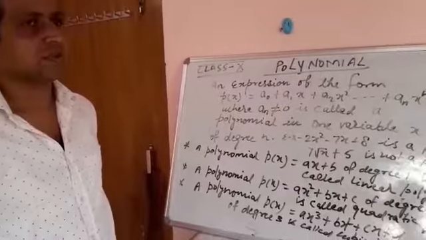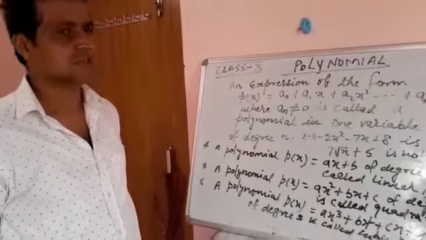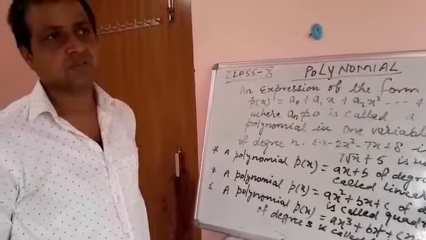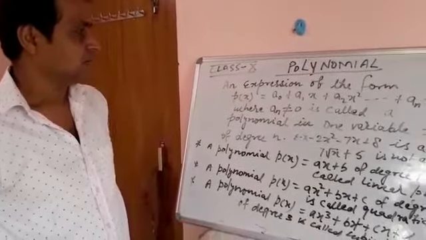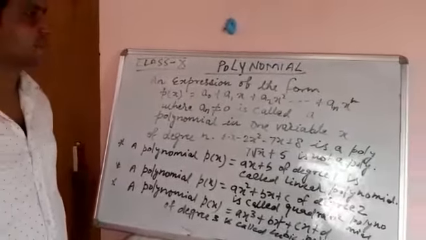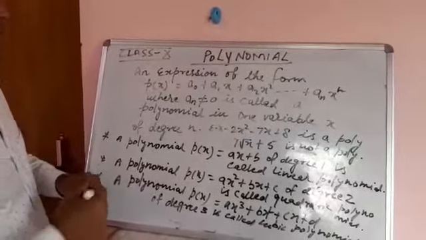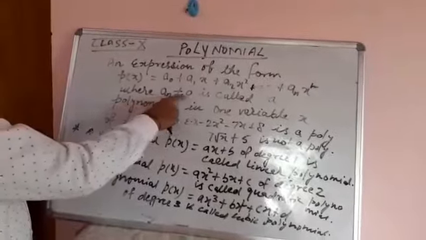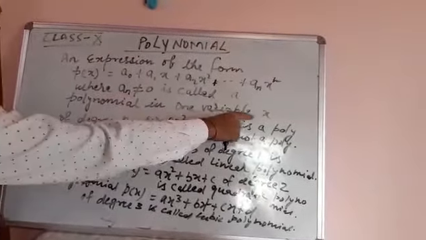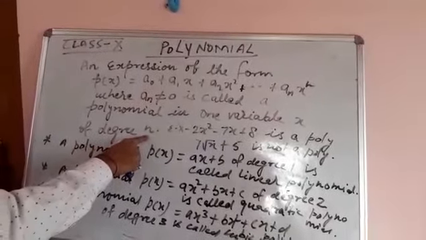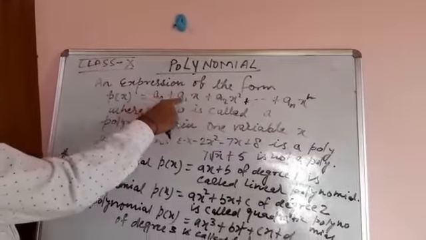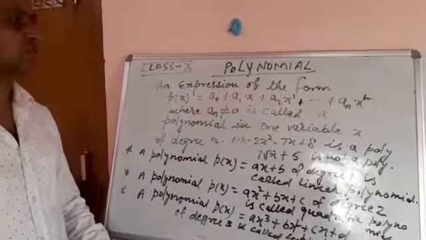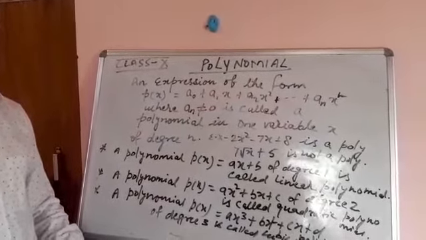From class 9th we have seen types of polynomials, but we are dealing with the polynomial in one variable x of degree n, where a0, a1, a2, ..., an are the coefficients of x⁰, x¹, x² and xⁿ.